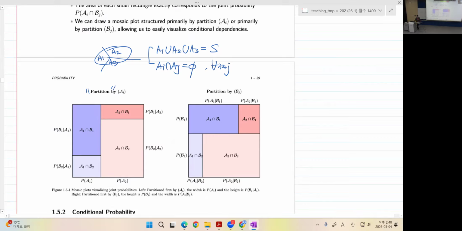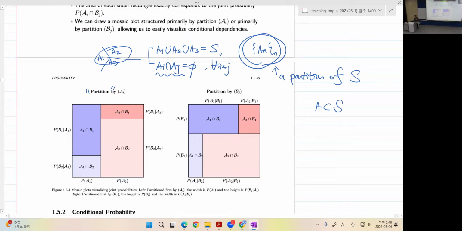Whenever you have subsets of, in our case, the sample space, and the union of all of them becomes the sample space, and they are pairwise disjoint, then this class of subsets is called a partition of S. Of course, you may have some subset of the sample space and may consider a partition of the event A. In that case, those members of the partition are, of course, mutually disjoint or exclusive, but the union of them becomes the event A. In that case, that class of subsets is called a partition of A. Got it?